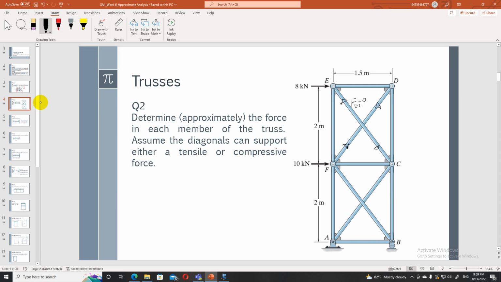Similarly here also there will be compression. So if I consider this cannot carry compression, FEB is 0. So then FAC is what we need to find. Okay, so now we are going to look at this problem.